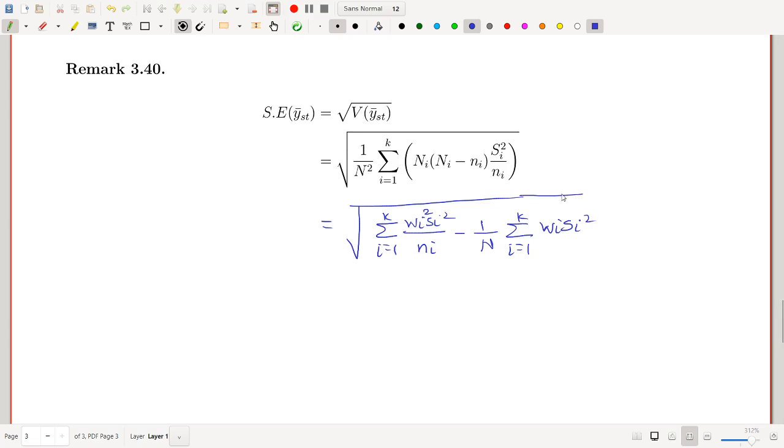So this is the standard error of y bar st in terms of Wi, and this one is the standard error of y bar st in terms of Ni. Thank you.